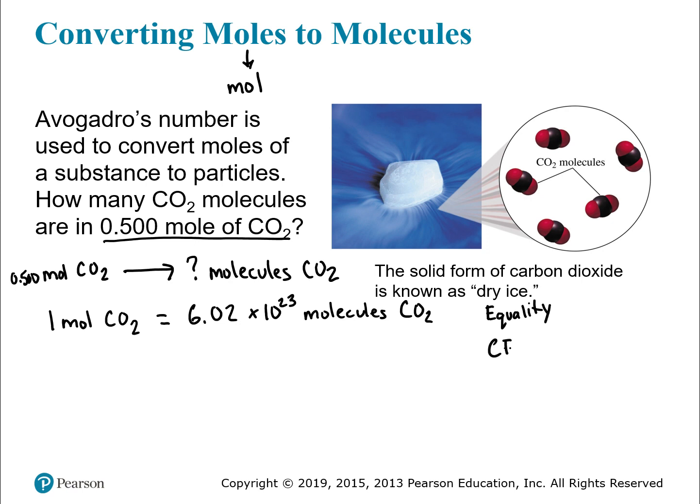Then we have to write our conversion factors. You put one number on top, the other number on the bottom. Then you write the reciprocal. You flip it upside down.